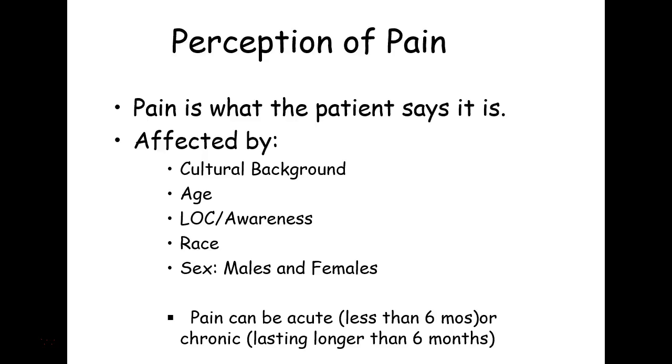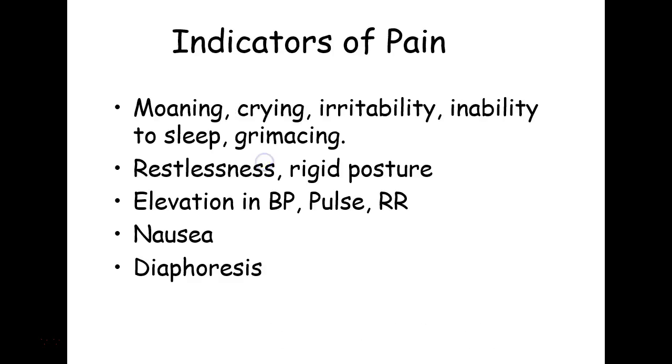Now, pain can be acute, which means it's lasted less than 6 months, or it could be chronic, lasting more than 6 months. Some things that could indicate pain, maybe if a patient can't really talk to us or isn't sure about pain, we might see in that patient moaning, crying, irritability, inability to sleep, grimacing, restlessness, rigid posture.